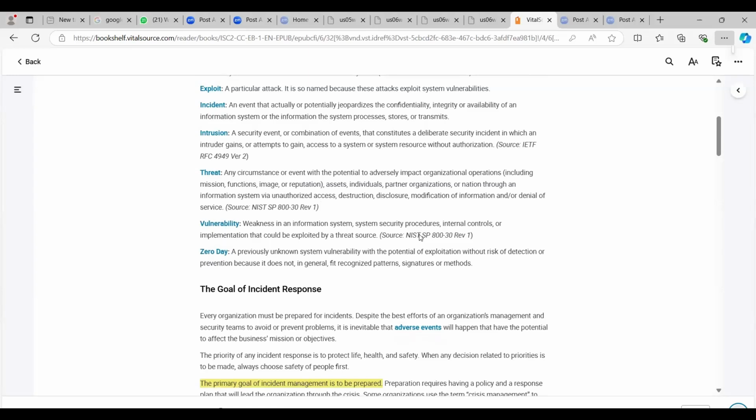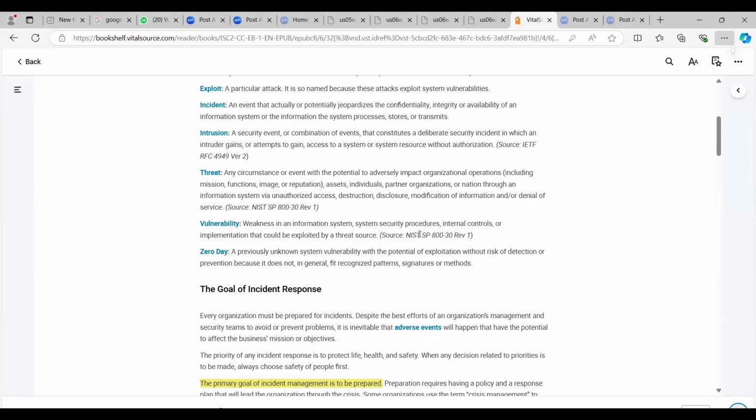An intrusion is a security event or combination of events that constitutes a deliberate security incident in which an intruder gains or attempts to gain access to a system or system resources without authorization. They don't actually have authorized access to your network, but they are trying to break into it. So those people are called intruders.